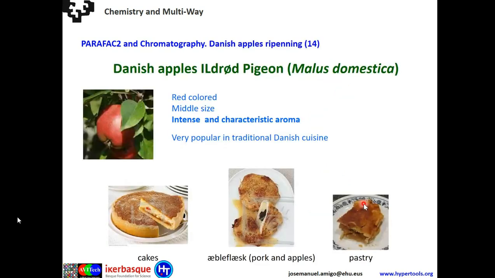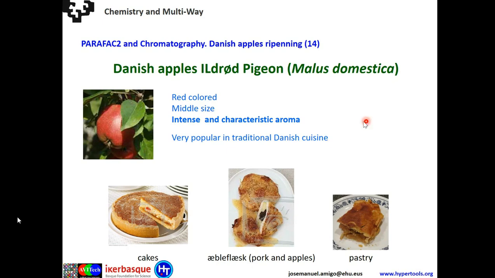And that is wonderful because it makes it possible to apply trilinear models in chromatographic data, as this example shows, in which these are Danish apples, and Danish apples are used in Denmark for many recipes.